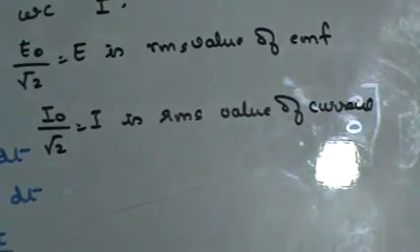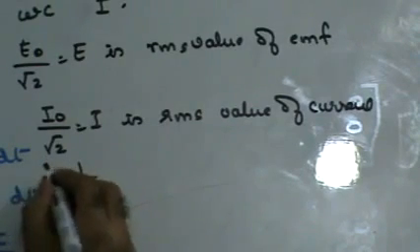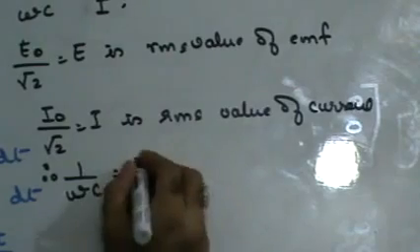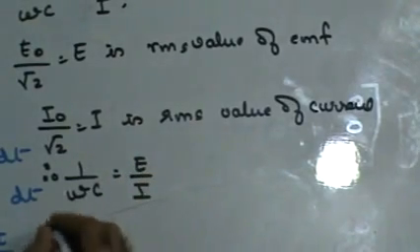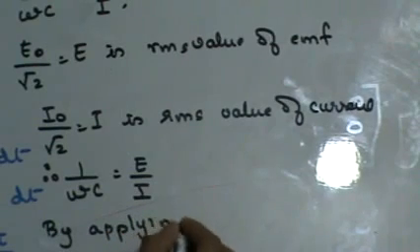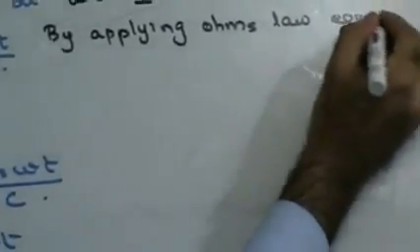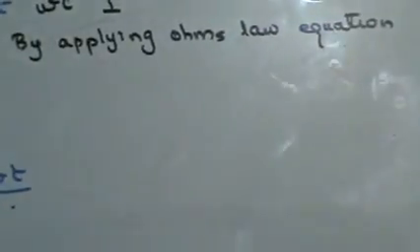Now if I apply the Ohm's law equation to this, 1 upon omega C is E upon I. If I apply Ohm's law equation, E upon I should be equal to resistance.